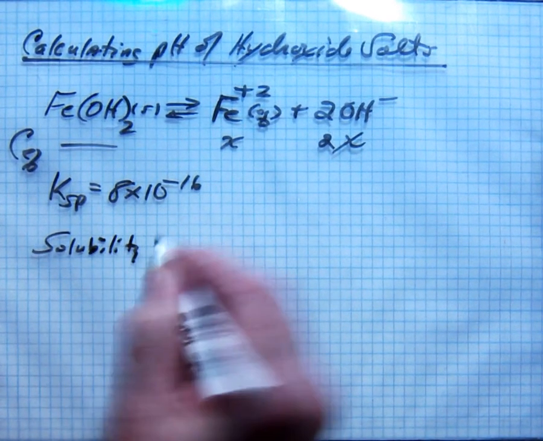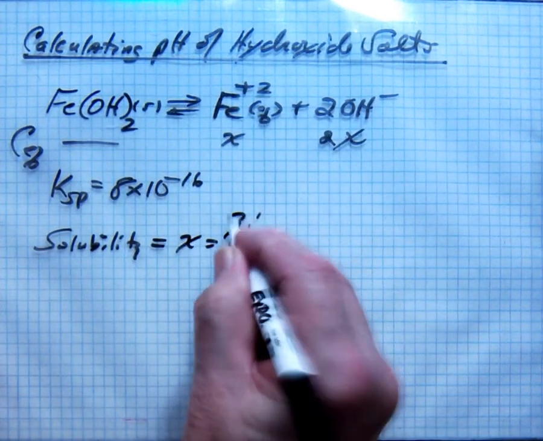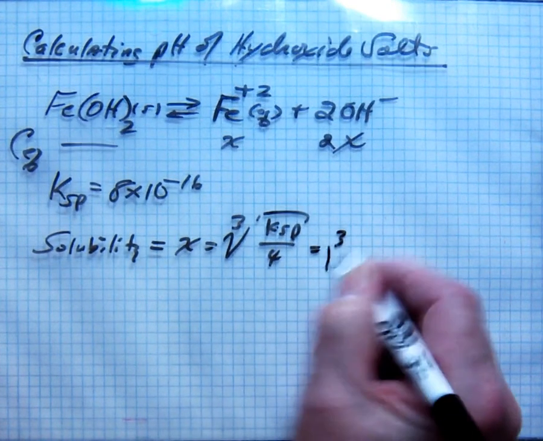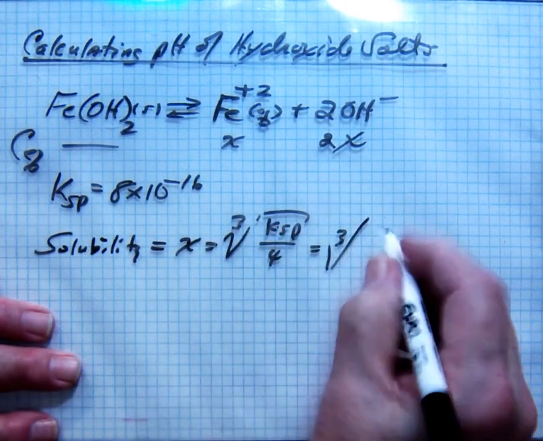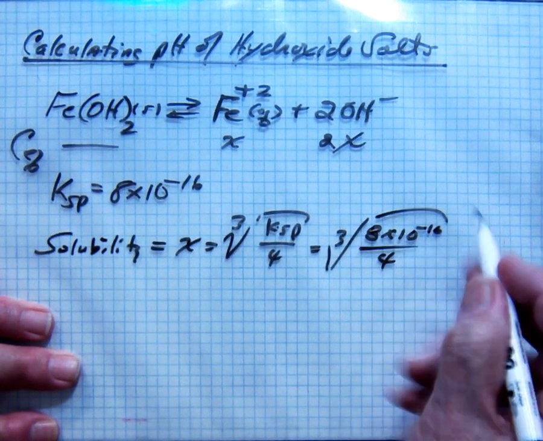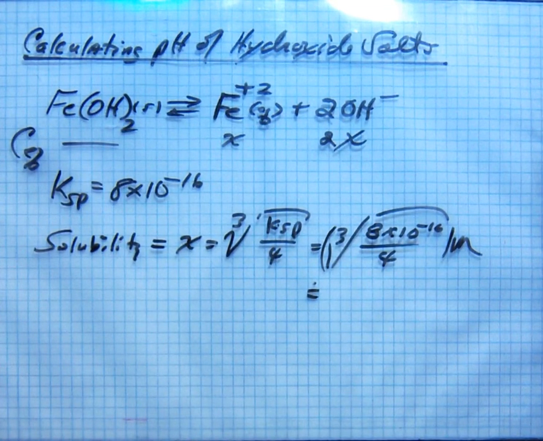So if we got the solubility here, it is equal to X, which is in this case the cube root of KSP over 4, which is easily computed: 8 times 10 to the minus 16 over 4 molar. And we'll run that out real quick, if I can find my calculator.